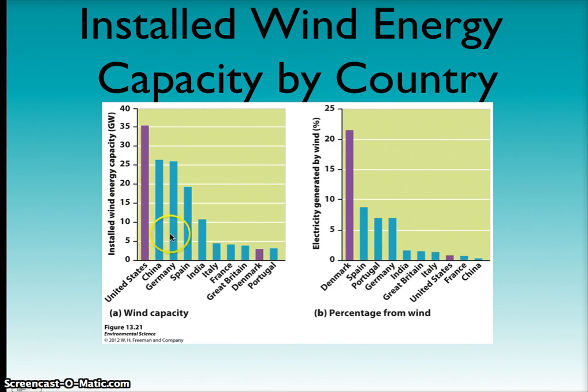However, if we take a look at the percent of total electricity generated, we can see that the United States is right over here. Right about 1% of our electricity comes from the wind, whereas Denmark is well up over 20, about 22% of Denmark's electricity is generated by the wind.